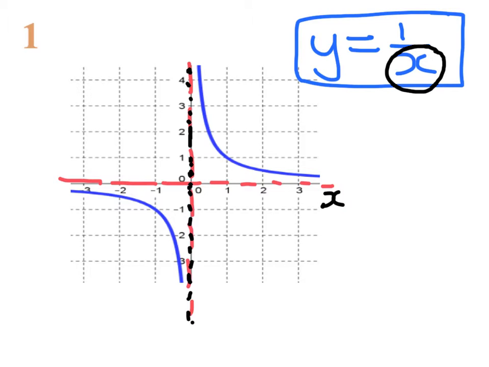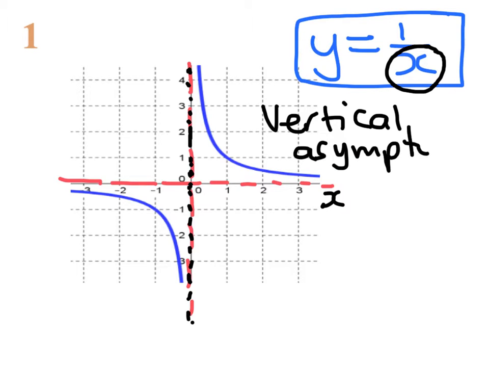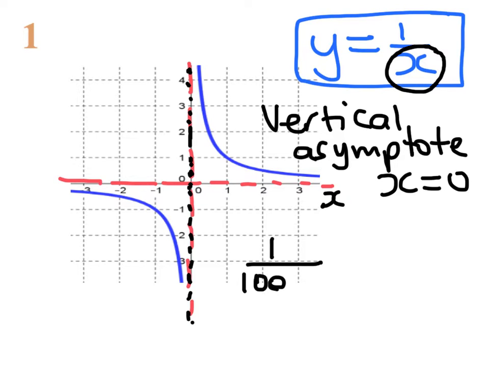So it's got a vertical asymptote at x equals 0. Now let's think about what else that means. Well, think about putting in a really huge number into the function. So 1 over 1 million.